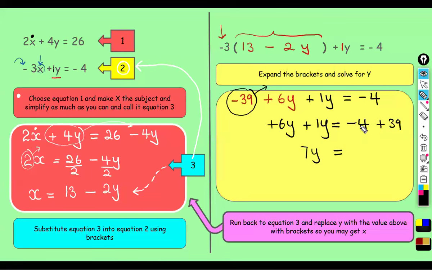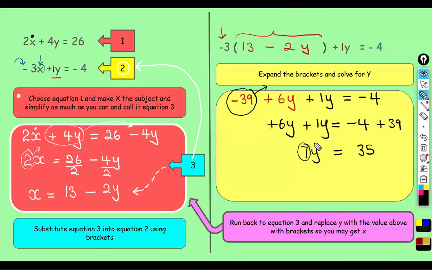And minus 4 plus 39 is 35. Like I said, if you're having problems with adding and subtracting positive and negative numbers, just use the calculator. But remember, if you're going into Form 3 and above, you're supposed to have mastered those things in school already. We want to solve for y.